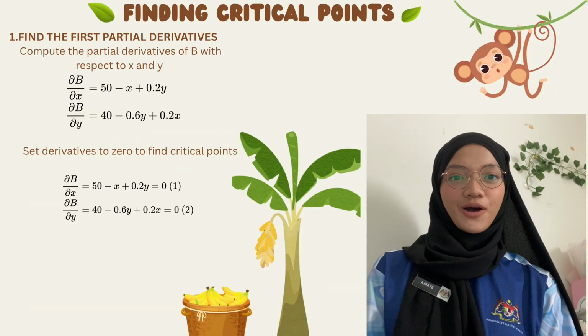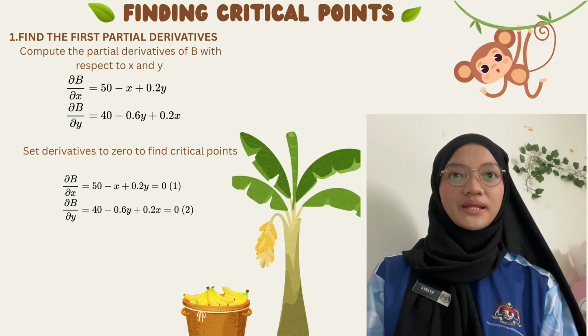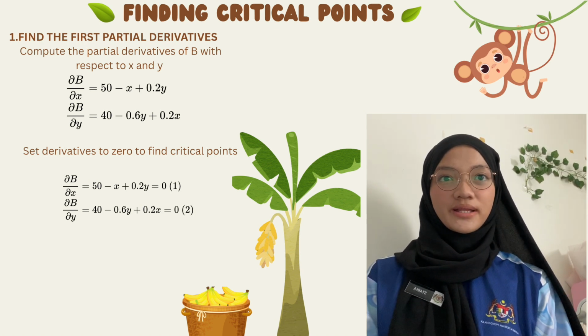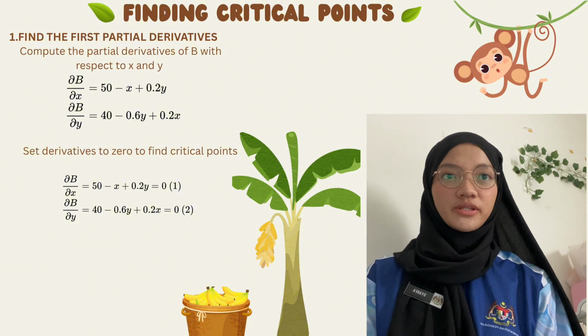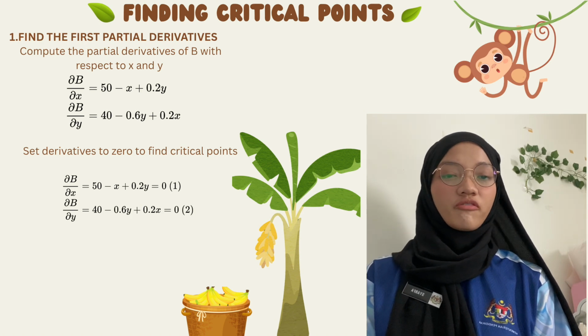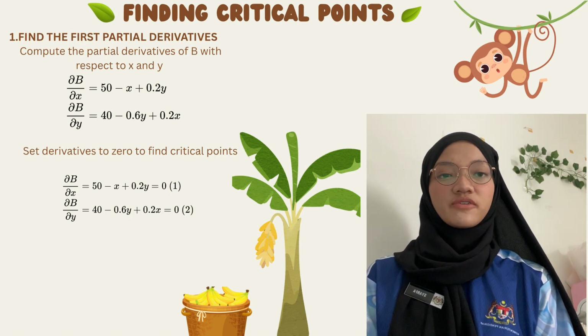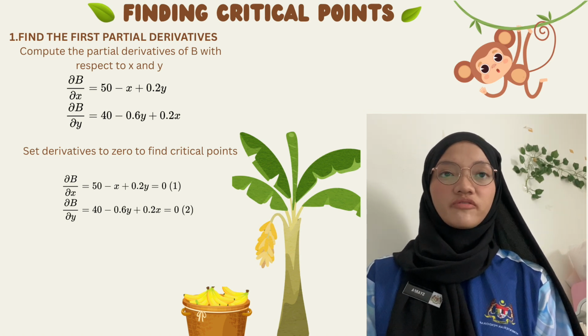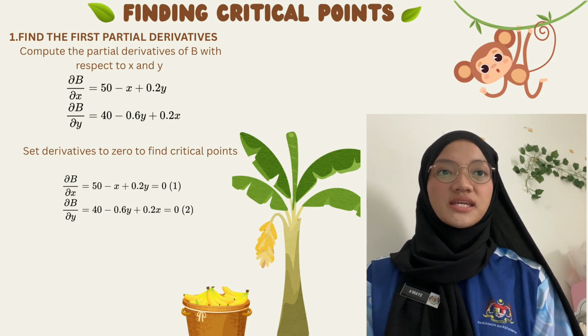Let's look at how to find the critical points of our banana yield function. Step 1 is to compute the first partial derivatives, that is, how the yield changes with respect to nitrogen and water. The partial derivative of b with respect to x is 50 minus x plus 0.2y. The partial derivative of b with respect to y is 40 minus 0.6y plus 0.2x.